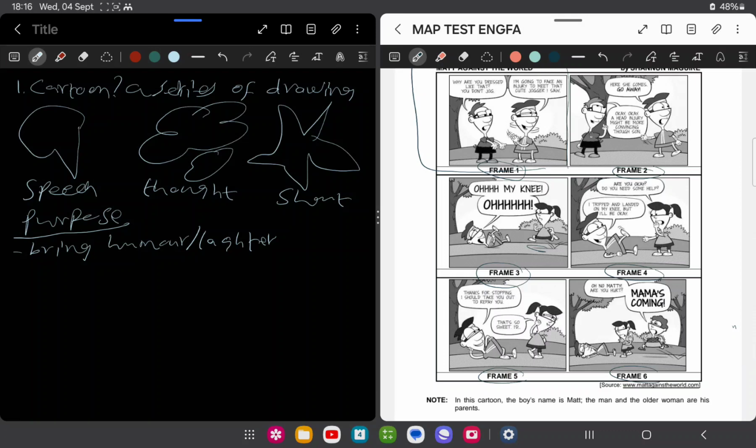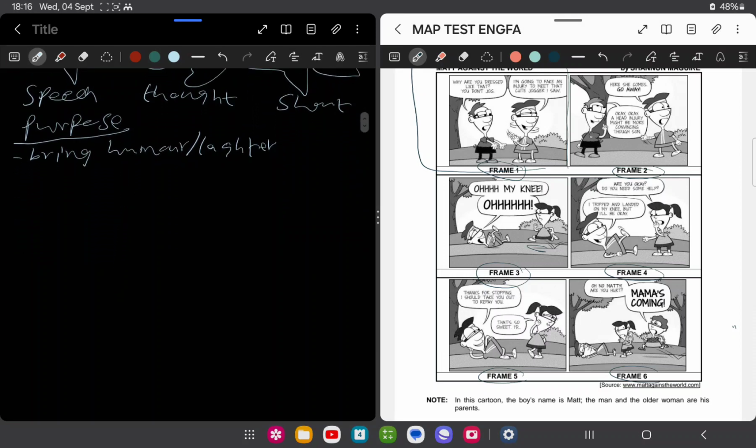Then let's look at the clues. You have to know the 2 clues. The first one is visual clues, and the second one is verbal clues.